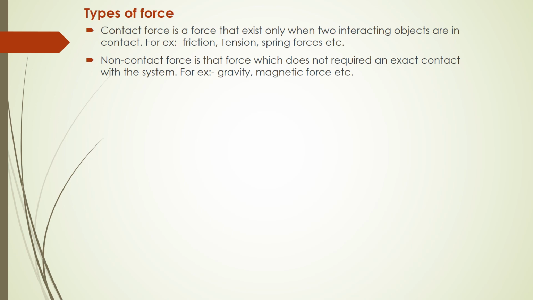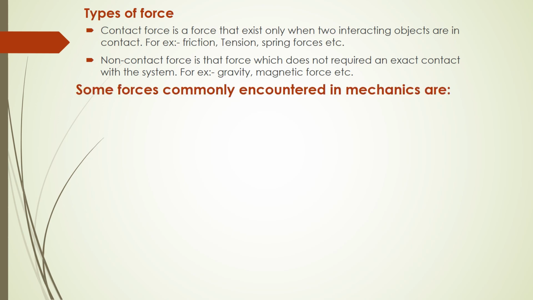Gravity is one. Do you need to be touching the earth for gravity to work? No. Magnetic forces, if you've ever tried to push two north poles of a magnet together, you know that they don't have to be in contact for there to be that force. Also, the electric force is another one that could be on this list. Magnetic force and electric force are ones that you will look at next semester if you take physics next semester.